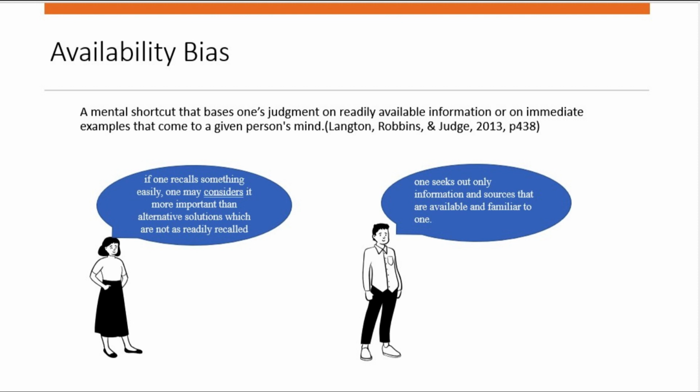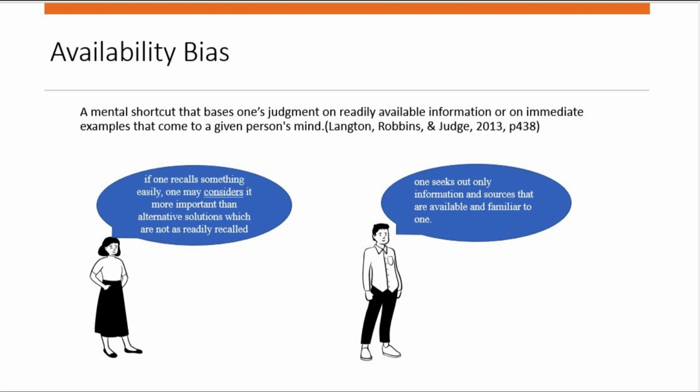So in this case, the availability bias prevents us from exploring more alternatives, and we will only stay with the examples that come into our mind more easily. Another example would be that one seeks out only information and sources that are available and familiar to one.